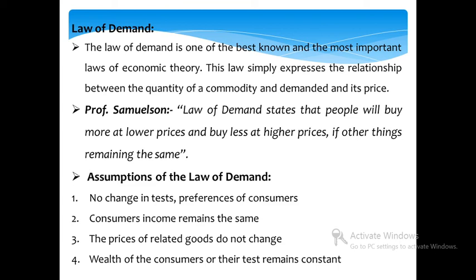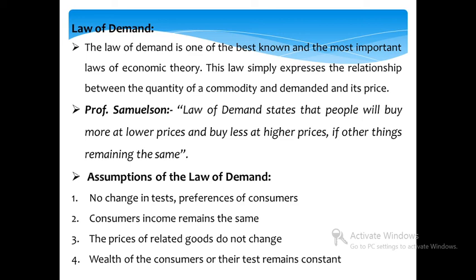Assumptions of the law of demand. There are four main assumptions under the law of demand. First assumption is that there is no change in taste and preferences of consumers.